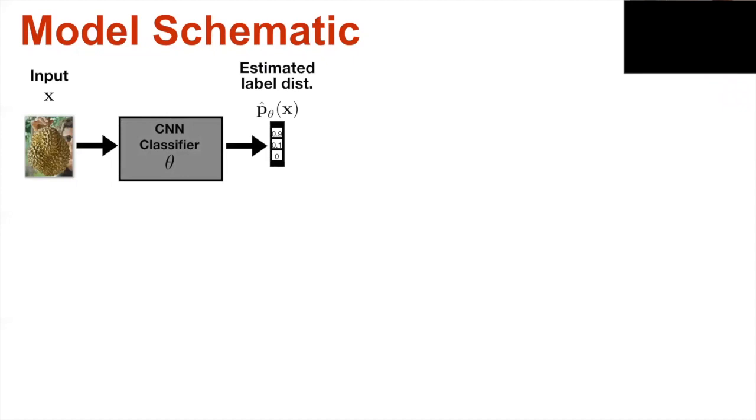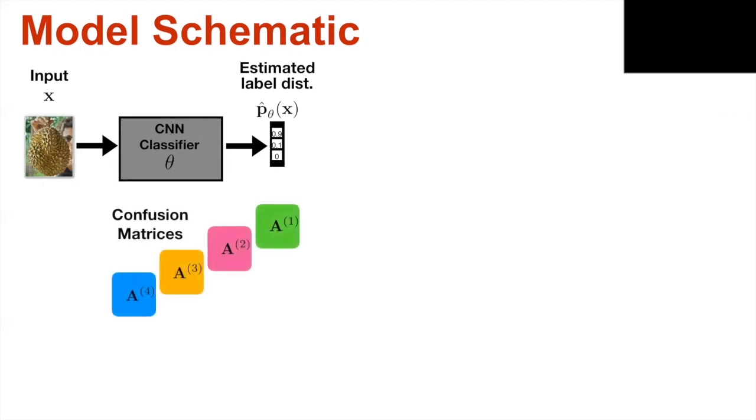So what does our model look like? Our model consists of 2 components. The first component is a standard CNN classifier that we use to estimate the true label distribution. And the second component is a set of confusion matrices that characterize the respective annotators' behaviors.